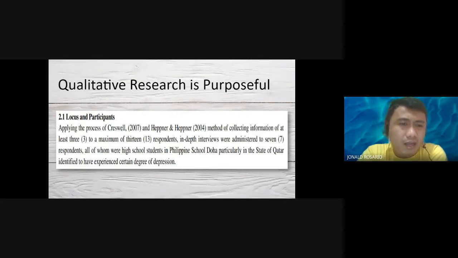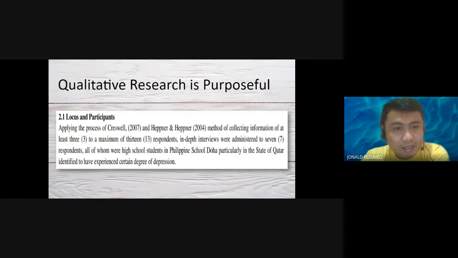Sir, ang haba po ng binasa nyo, paano siya naging purposeful? Okay? Purposeful po siya because the process of selecting the participants is purposive. Why? Because it follows a certain criteria. Ano ang criteria na ginamit nila in selecting their respondents? One of the criteria is high school students. So dapat yung participant or respondent, high school students in Philippine School Doha.